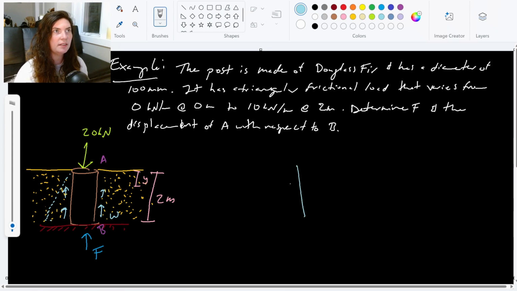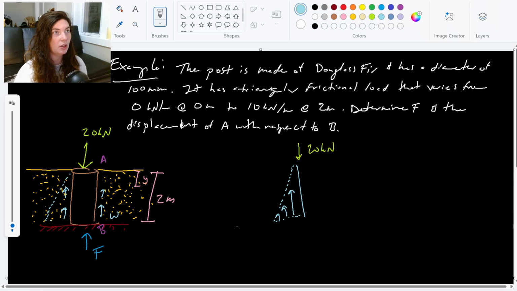If I look at this log as a body, I have this triangular distributed load going in the vertical direction, which is a little different than I'm used to seeing. But that's okay. We can still use 1/2 base times height to find the resultant of that distributed load.